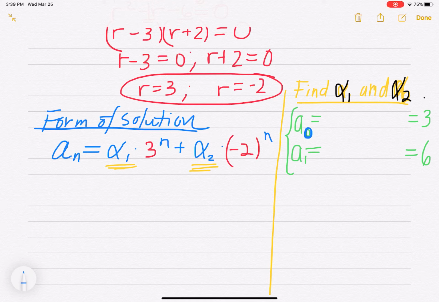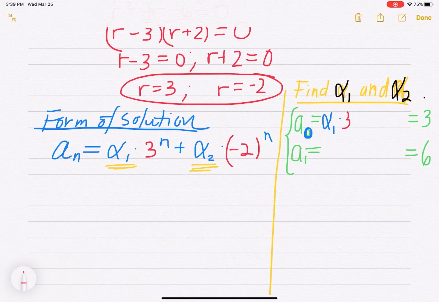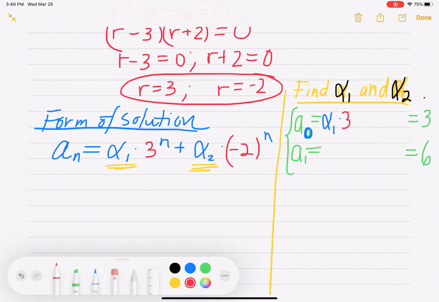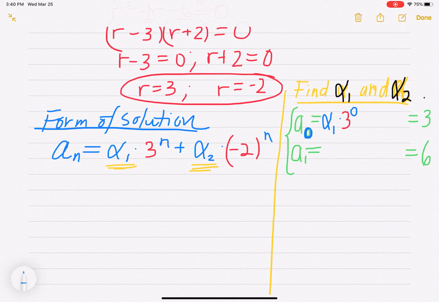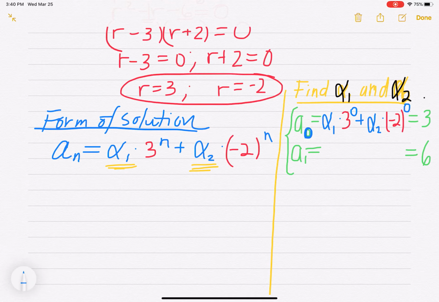So I'm going to end up with alpha 1 times 3 to the 0 power plus alpha 2 times negative 2 in parentheses to the 0 power, right? We're just plugging in 0 for n in the form of the solution.